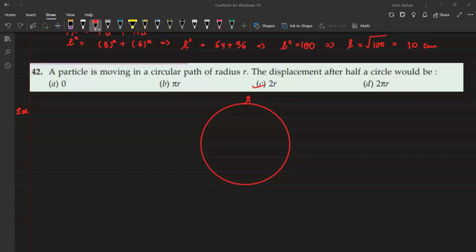Yes, Ayan. Please let me know. Ayan, I was saying, if you have taken one complete round of this circular track, what will be the distance you have covered?